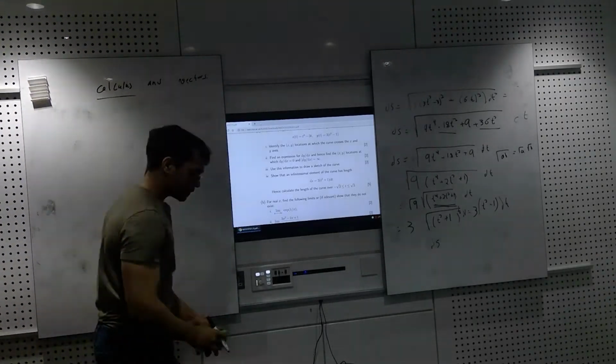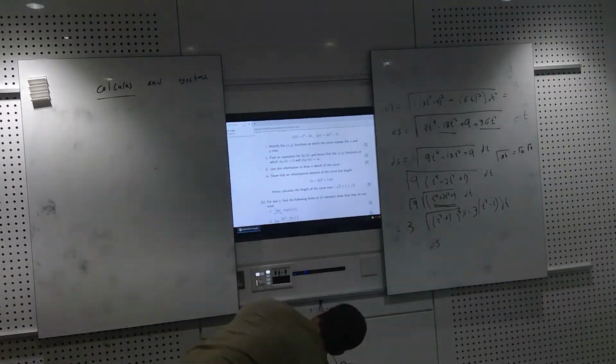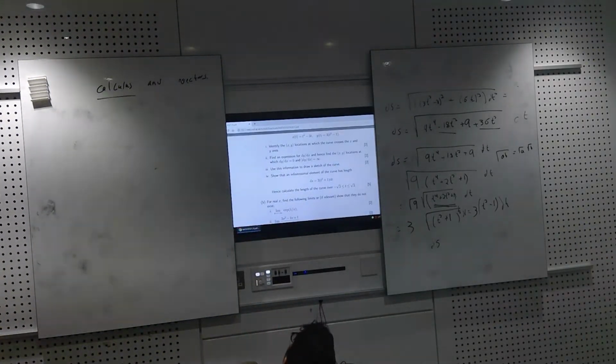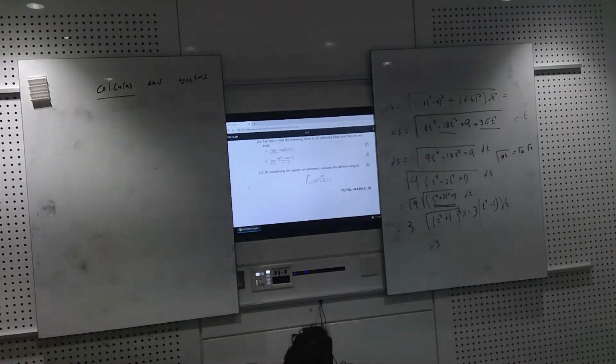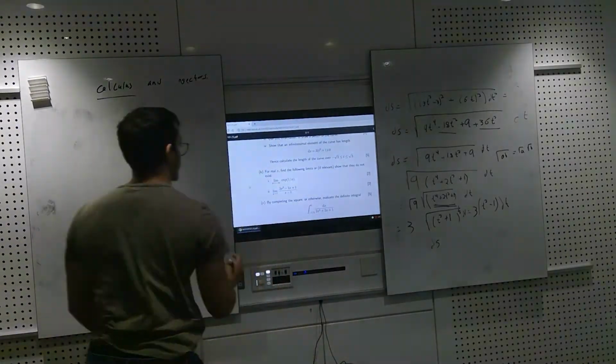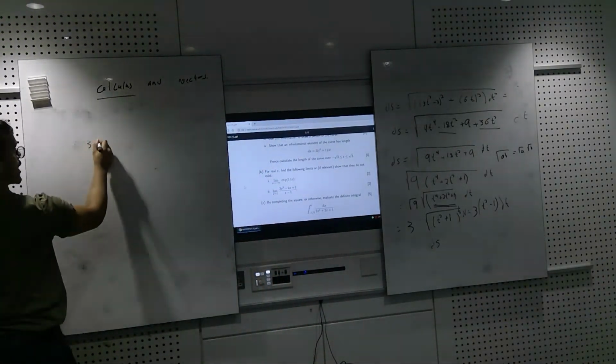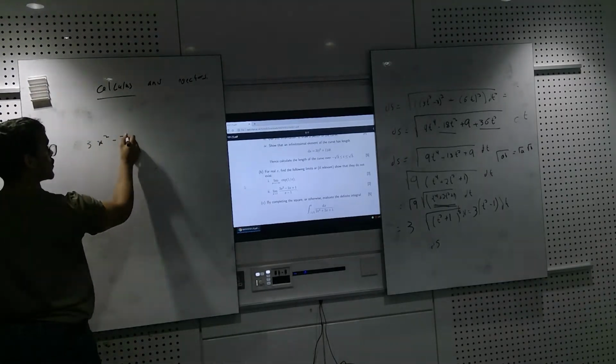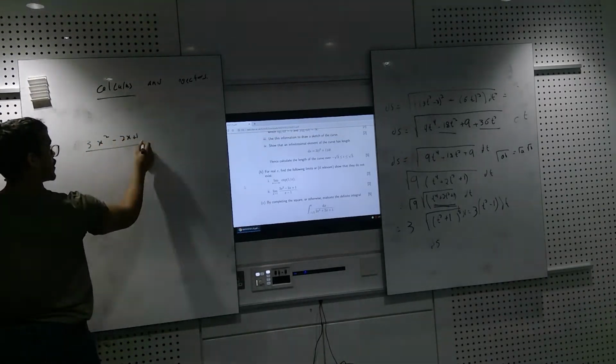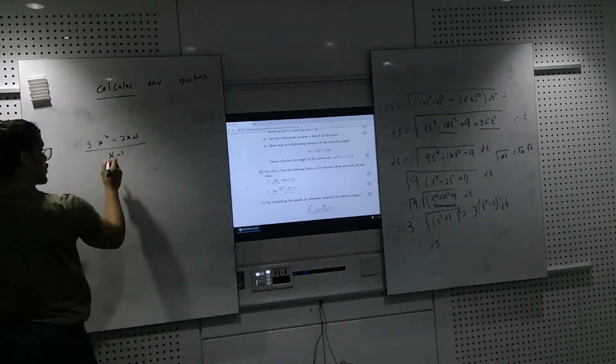And the last one is the limit as x goes to 1 of 3x squared minus 2x plus 1, divided by x minus 1.